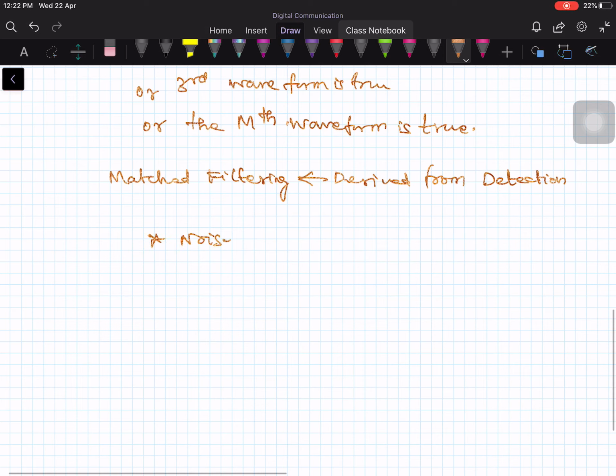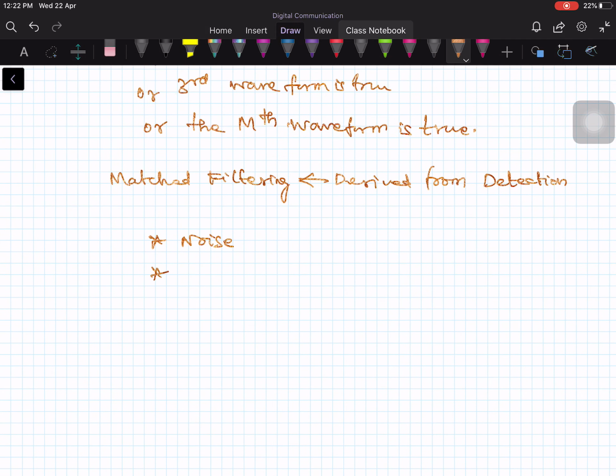As I mentioned in one of my previous lectures, there are many impairments which will contaminate the signal: mainly noise, then interference and distortions. But in this lecture I am going to consider only noise. I am not going to consider interference or distortion.